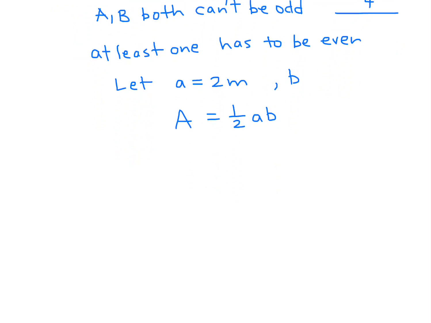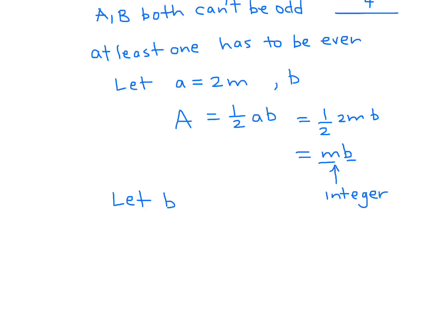If we're putting in an even number for a, we basically get 1/2 times 2m times b, which becomes mb. And this is always going to be an integer, because you're just taking an integer b and multiplying by another integer.